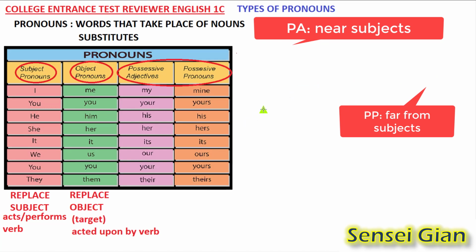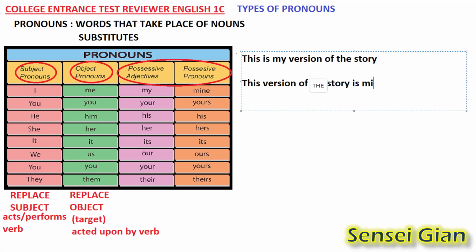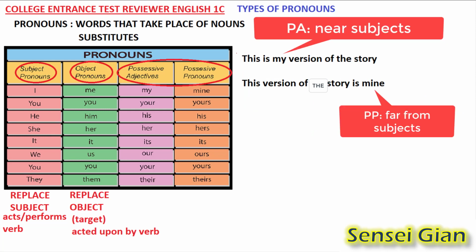One more example: this is my version of the story, or we can have it as this version of the story is mine. Here we have possessive adjectives, which just describe the version of the story as being mine.